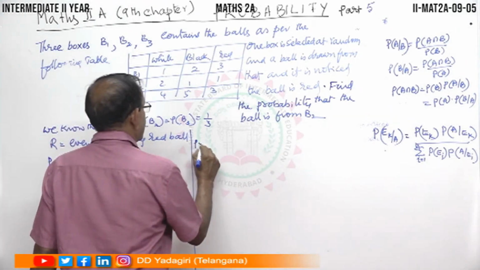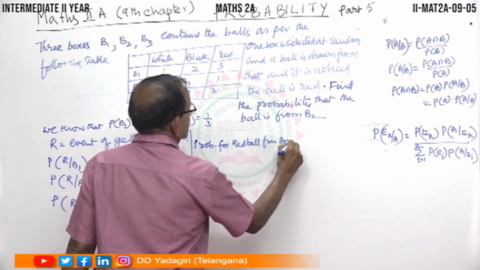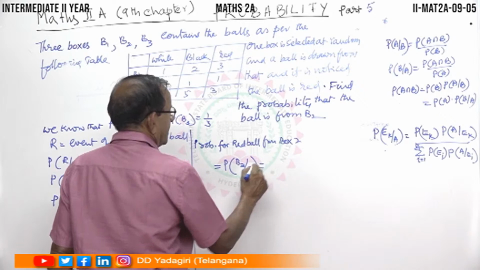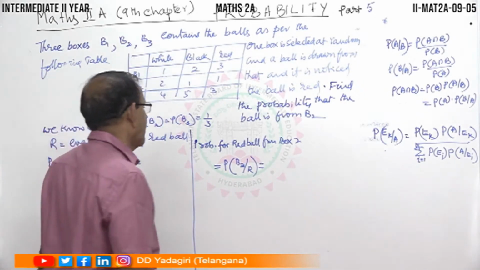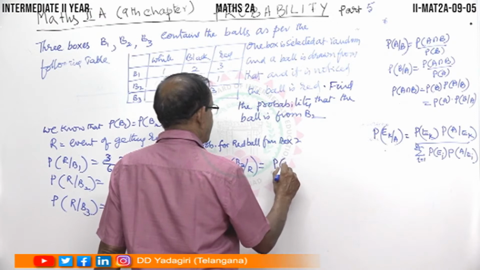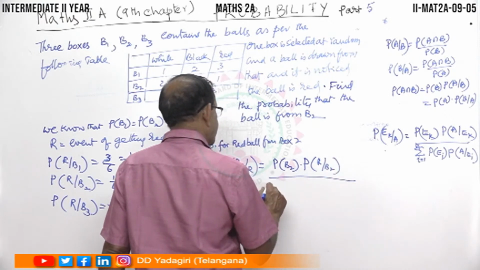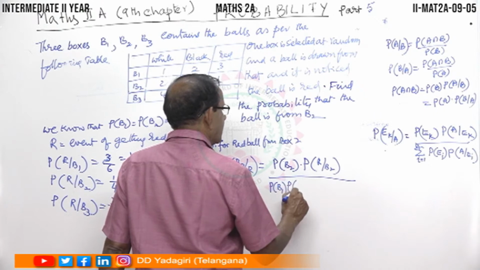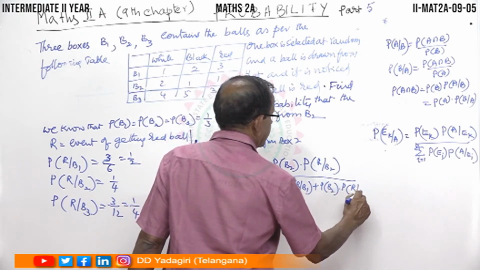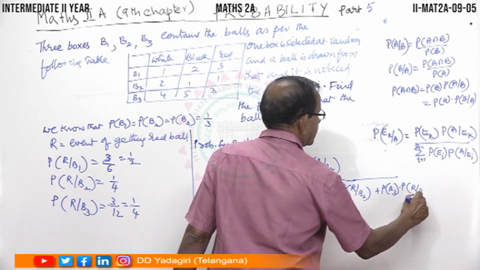That is P of B2 by R. According to this formula, this is P of B2 into P of R by B2, divided by the denominator P of B1 into P of R by B1 plus P of B2 into P of R by B2 plus P of B3 into P of R by B3.